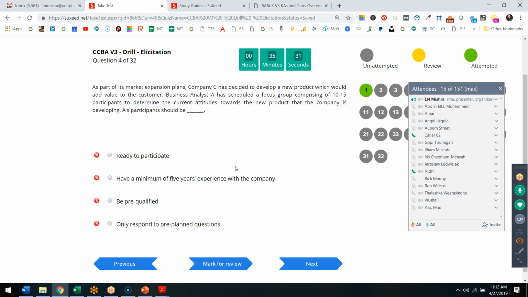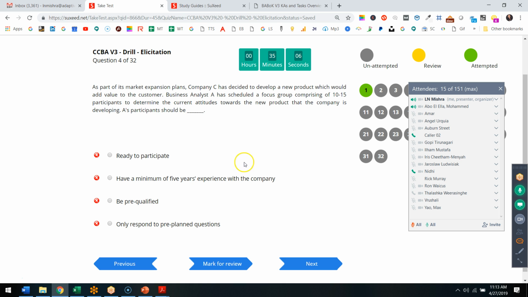Okay. Mohammed, there is a very simple technique which a lot of people use during test taking, which is called elimination. That means if you find any of the options totally outrageous, you can eliminate them. So do you think any of these options are completely wrong? Yes. Which one? Second one.